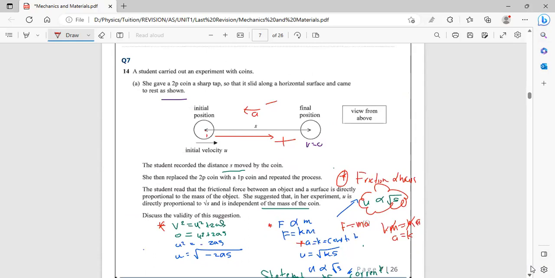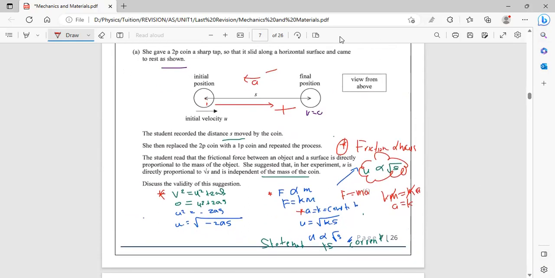Should I move on or should I hold on? Dinesh, we have proved that the acceleration is constant based on that statement: friction is directly proportional to mass.